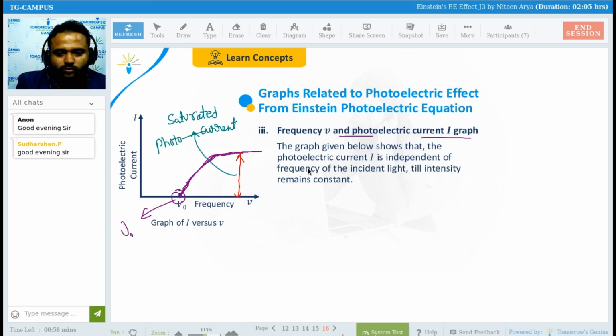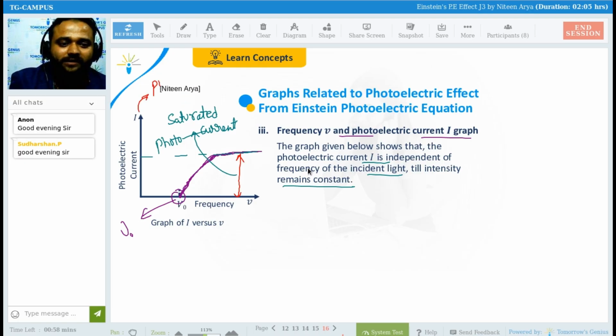So the graph shows that the photoelectric current I is independent of the frequency of the incident light as long as the intensity remains constant. Intensity needs to be constant, so this I becomes constant. I here is the photocurrent, so don't confuse it with intensity.